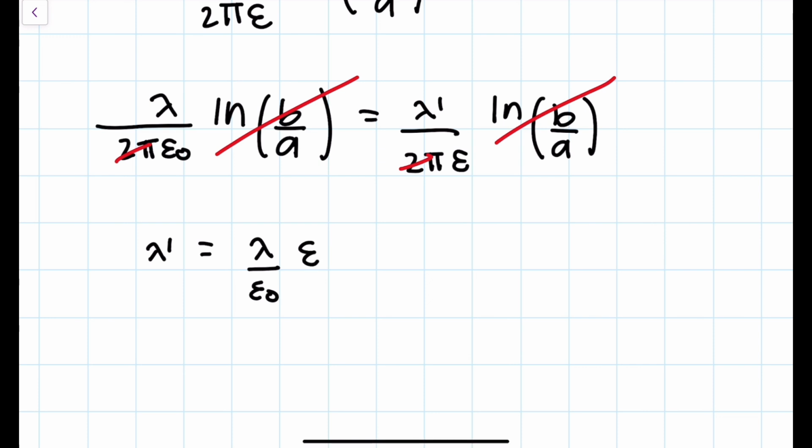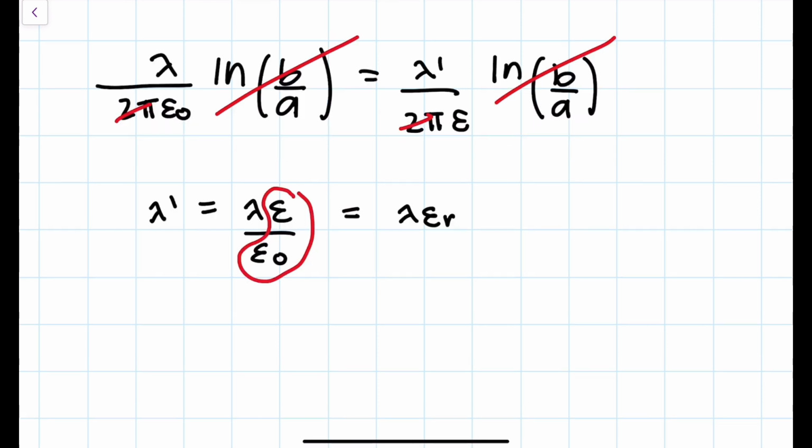This is an important fact. The permittivity over the permittivity of free space is basically just the relative permittivity.